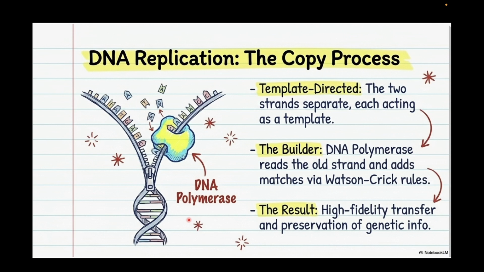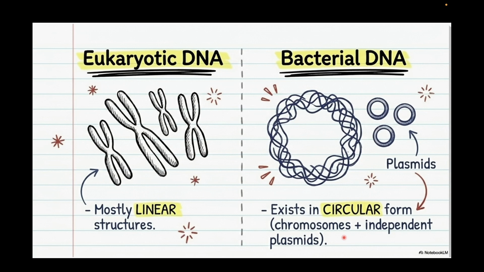As described earlier, the template is used and the opposite strands are synthesized with the help of DNA polymerase, and with the base pairing rule of Watson and Crick, it matches the template strand to add the new nucleotide. The result is high fidelity and preservation of genetic information.